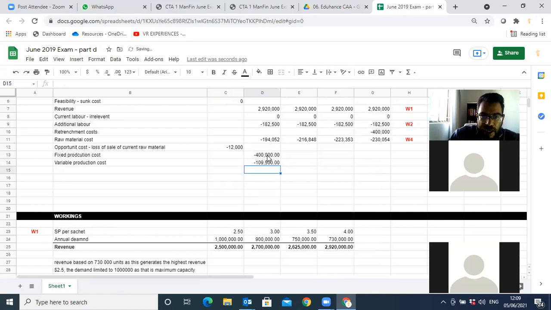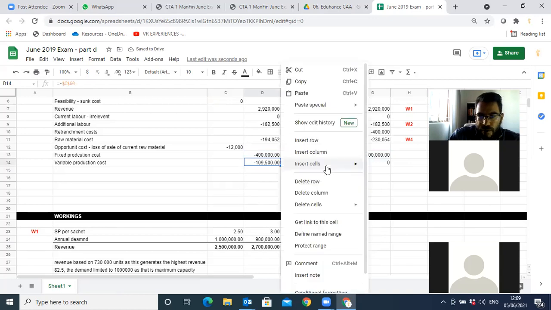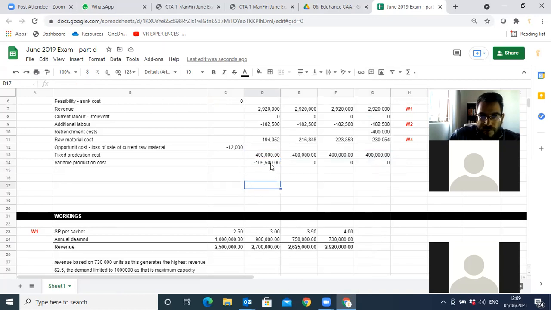Now I can just drag this across. They can go find it at working 5. You can just look at working 5.